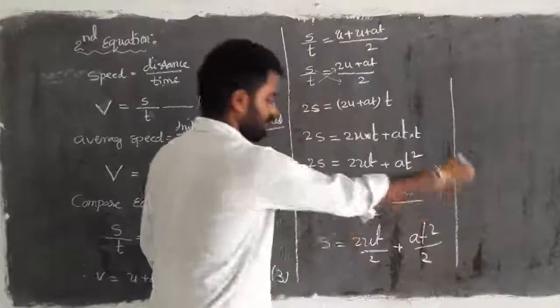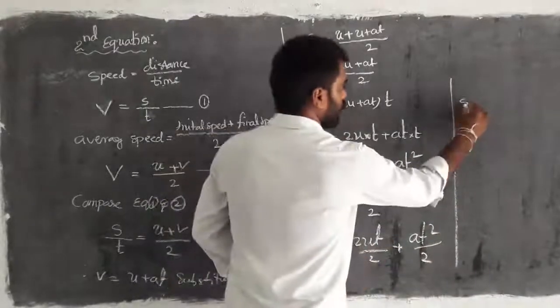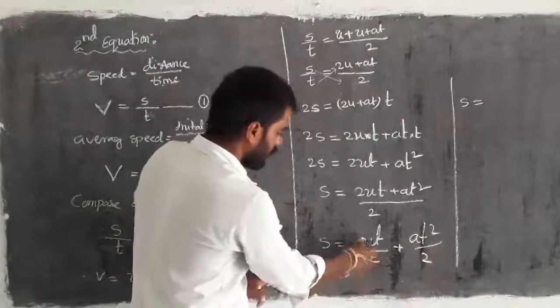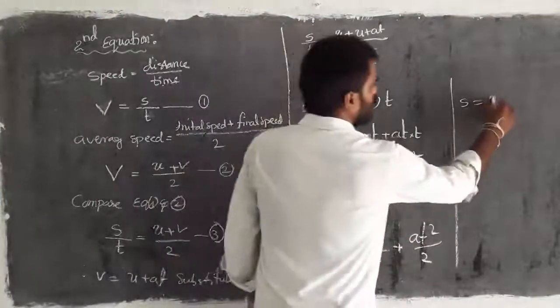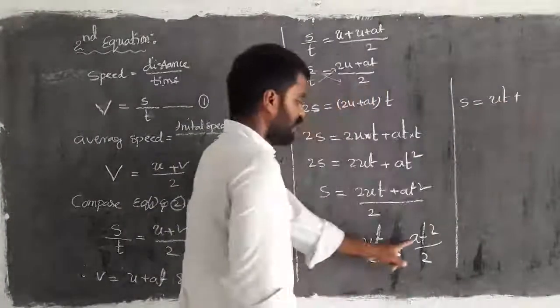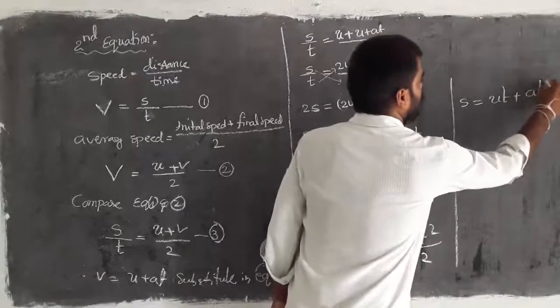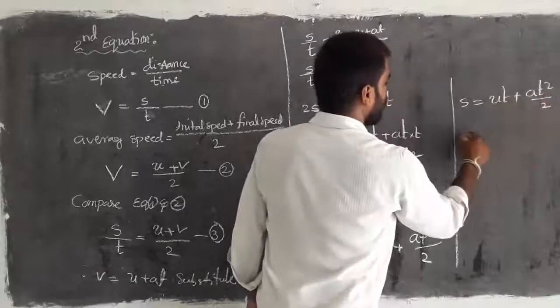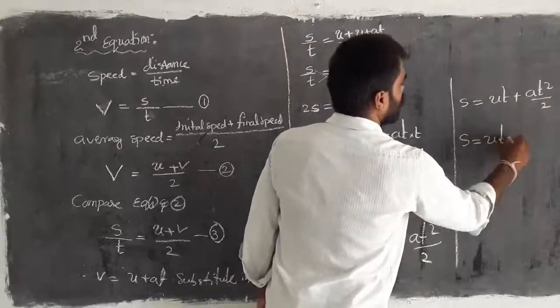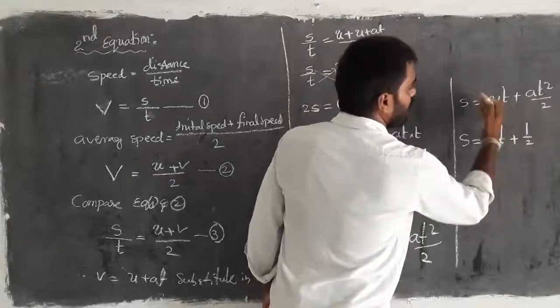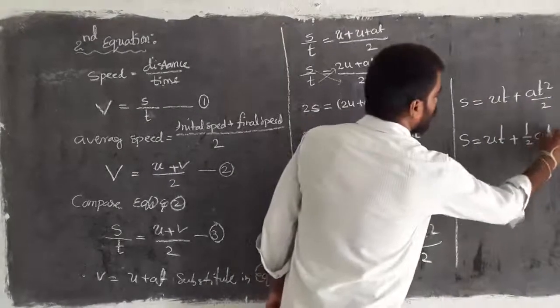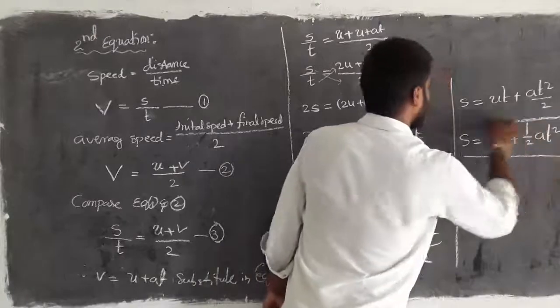Then in separation, these two get cancelled, then we get ut plus at square by 2. Then we can write like this: take 1 by 2 common, then we can write at square.